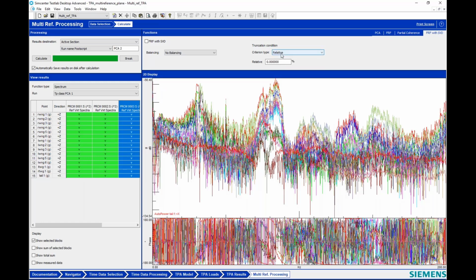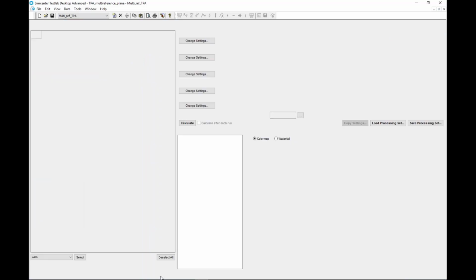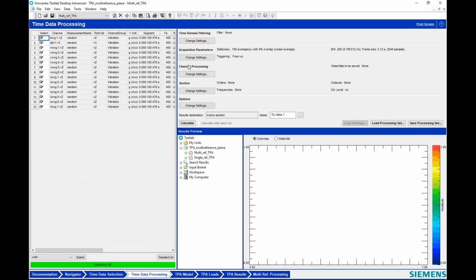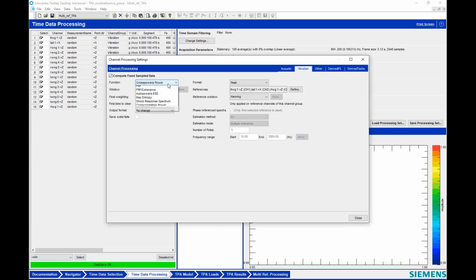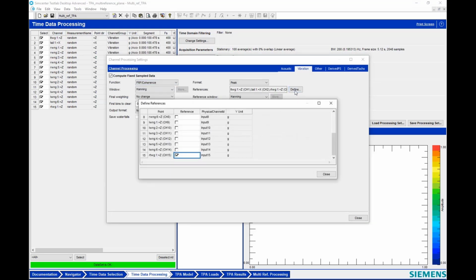I get that question not a lot, but quite a bit over the years. I've been with Siemens/LMS 20 years now. And people are always surprised if I use this multi-reference processing add-in, and rather than cross powers, I calculate FRFs: why is it different every time I turn on additional references? That surprises people.